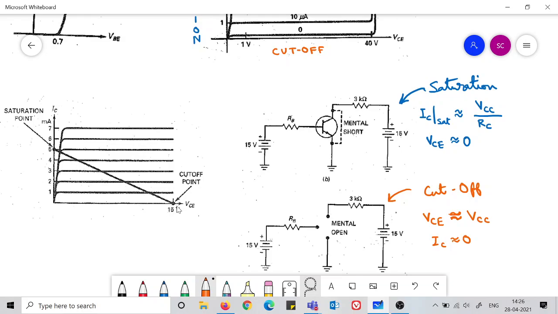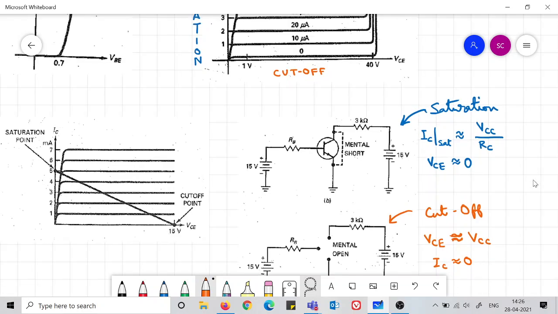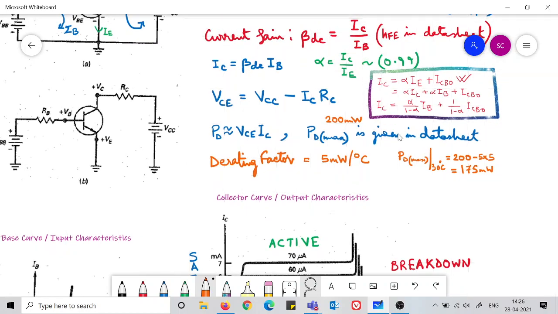And these 2 points are also part of the load line that we will create using the KVL equation. This is the output side KVL equation.